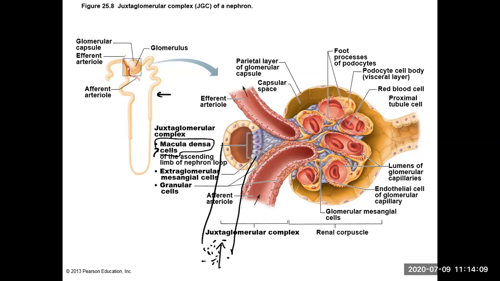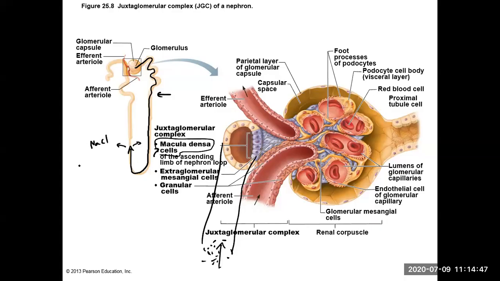Now, as far as what happens after that, they can release vasoconstrictor chemicals. So again, when the GFR is too high, in other words, material is just passing through this really quickly, and this ascending loop of Henle normally is permeable to sodium chloride.